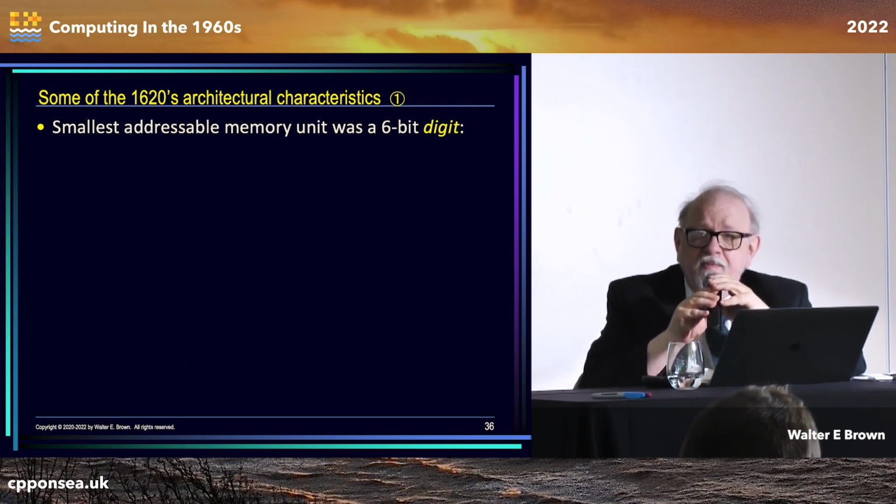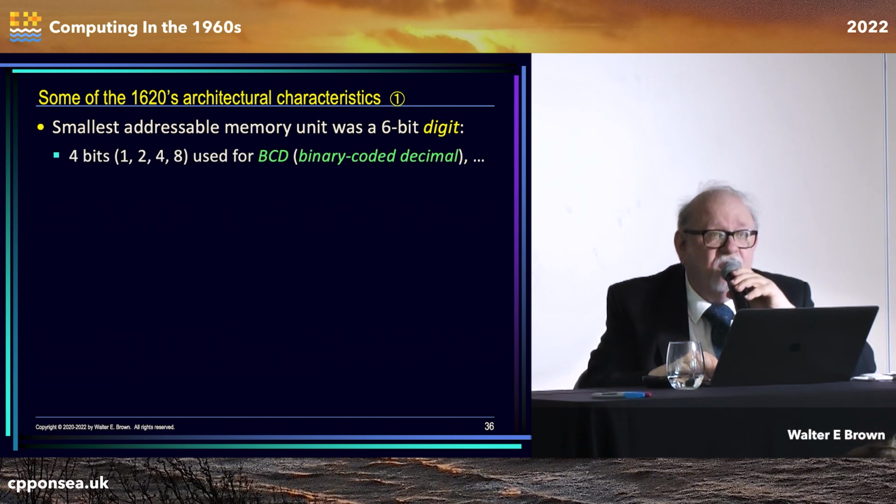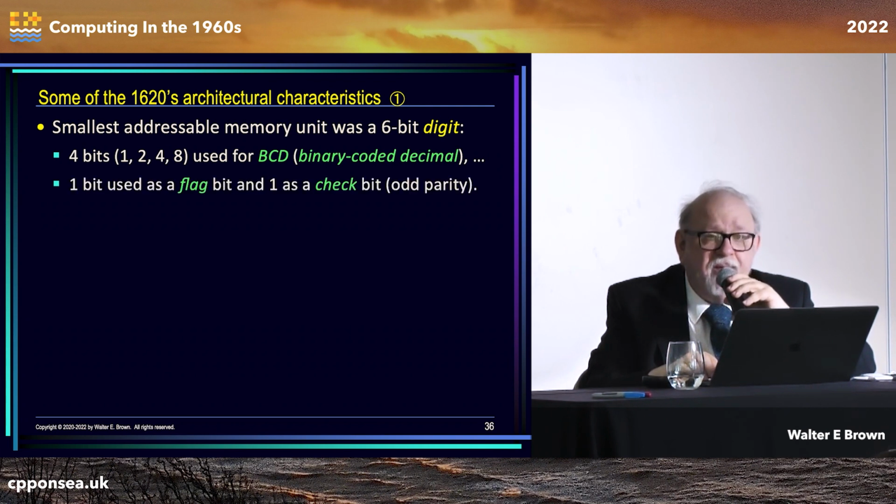Let me share with you a little bit of the architecture of a 1620. The smallest addressable memory unit was a 6-bit digit. 4 of the bits were used for BCD, binary coded decimal. A 5th bit was used as a so-called flag bit, and the 6th one was a check bit.